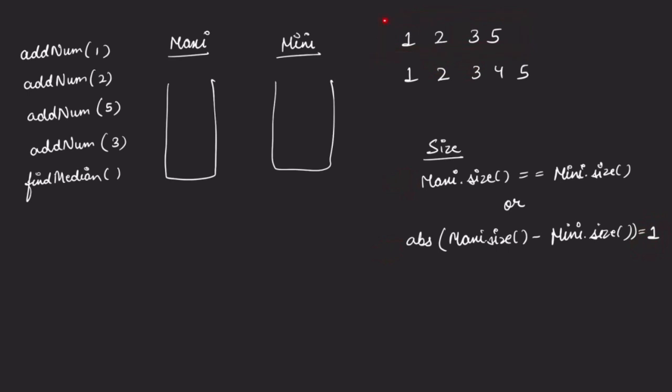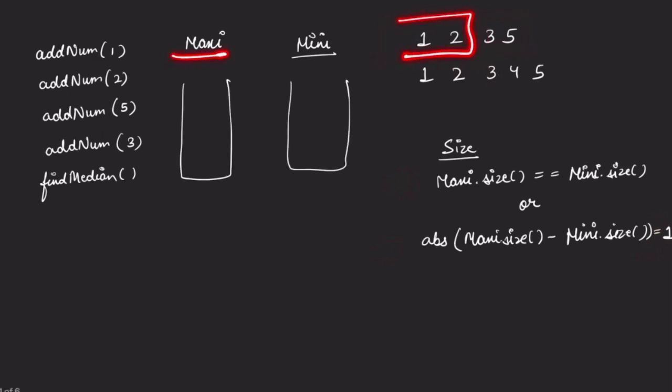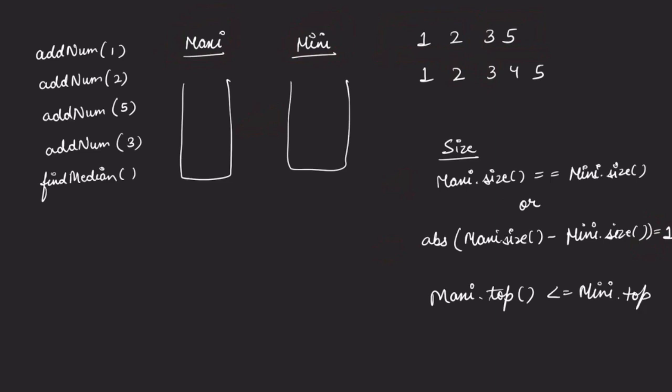If I am keeping all the left elements in the max heap and all the right elements in the min heap, then whatever is the maximum value in the left should be less than or equal to the minimum element in the right, right? So basically all the elements in maxi should be less than or equal to all the elements in mini, right? So another condition is that maxi.top should always be less than or equal to mini.top, right?